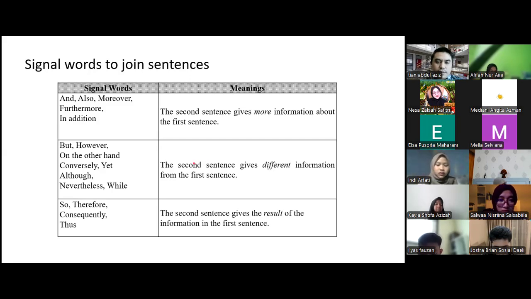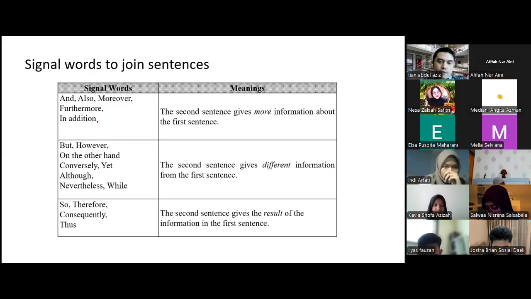In this slide there are several signal words that are used for joining sentences. For the first row here, they are and, also, moreover, furthermore, in addition.